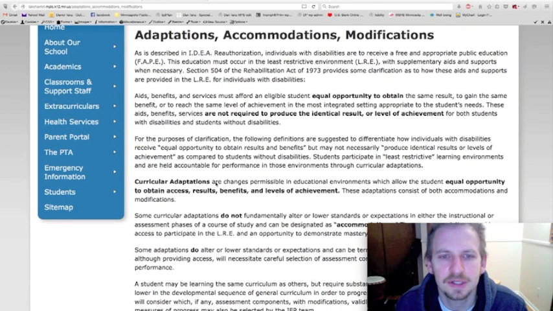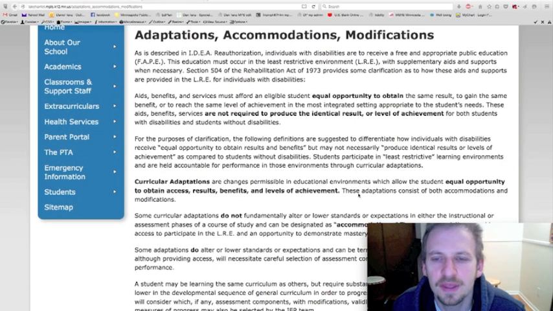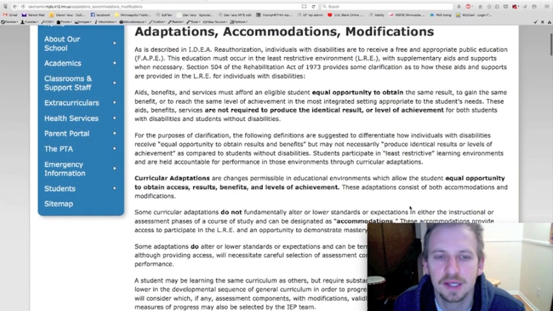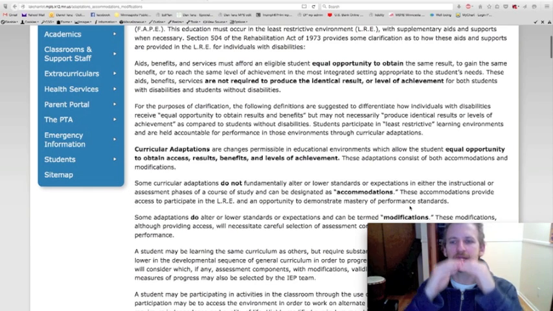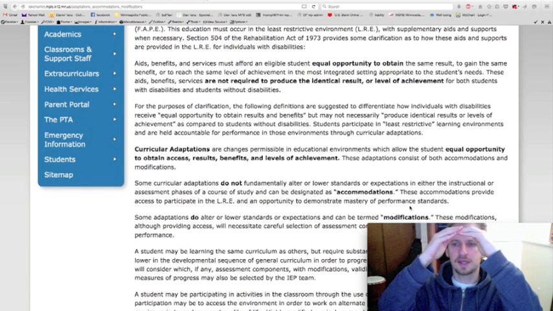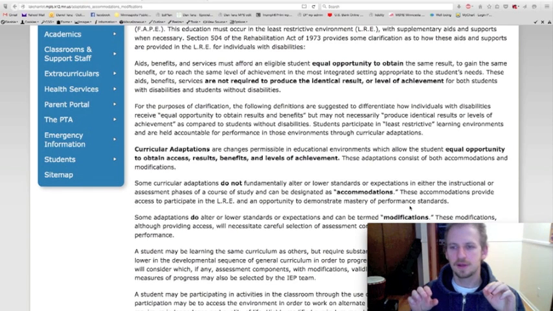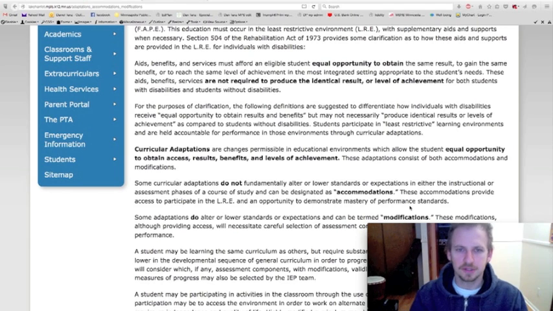Curricular adaptations are changes permissible in educational environments which allow the student equal opportunity to obtain access, results, benefits, and levels of achievement. So these adaptations consist both of accommodations and modifications. So that's what I was talking about: adaptations are the umbrella for both accommodations and modifications.